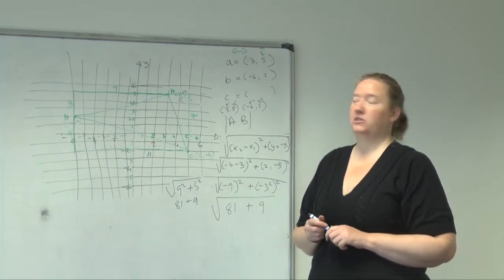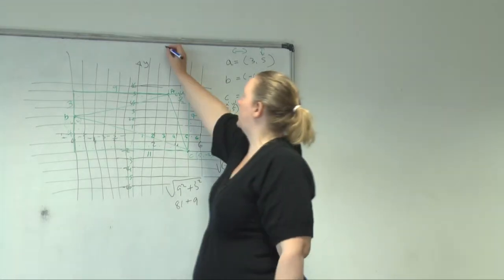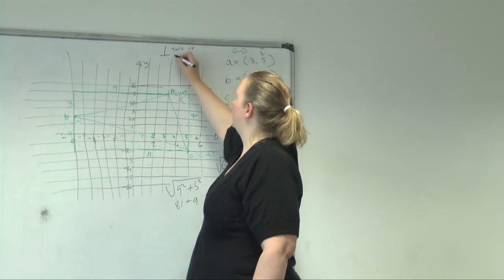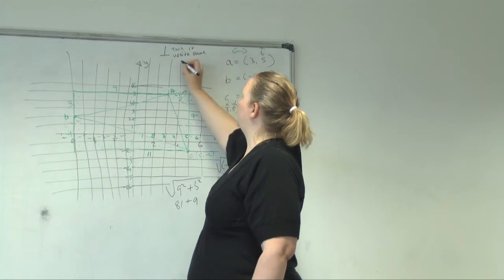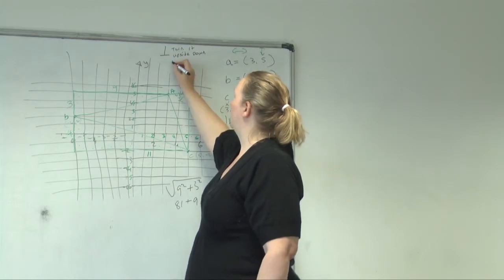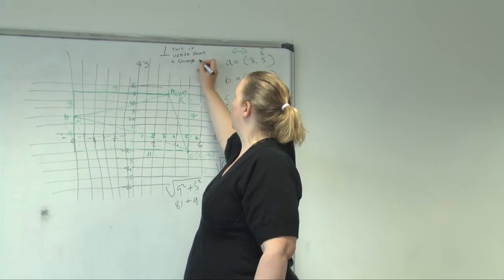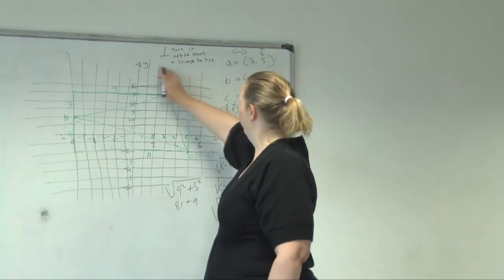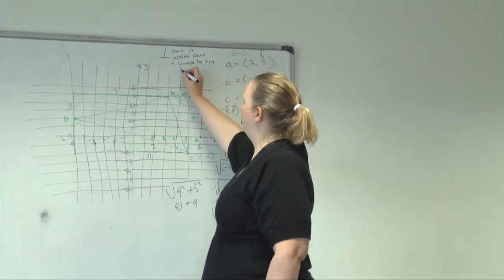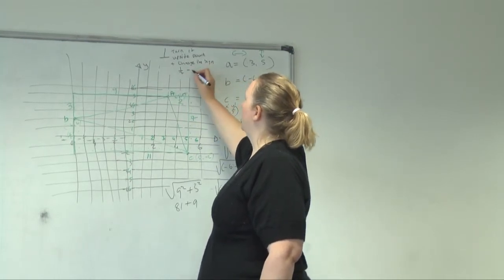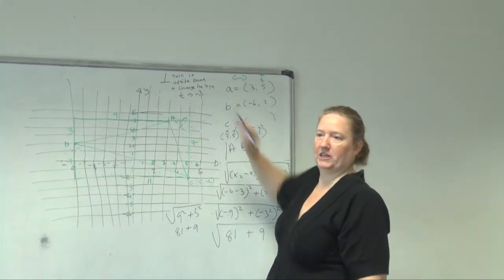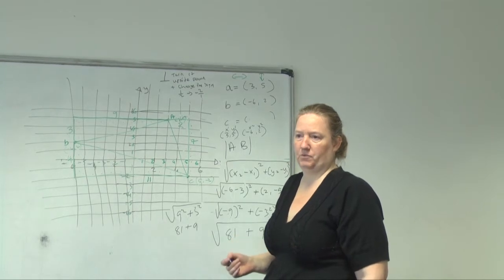And the perpendicular slope, you turn it upside down and change the sign. Okay? So a half, for example, will become minus 2 over 1 because you turn it upside down and you change the sign if it's a perpendicular slope.